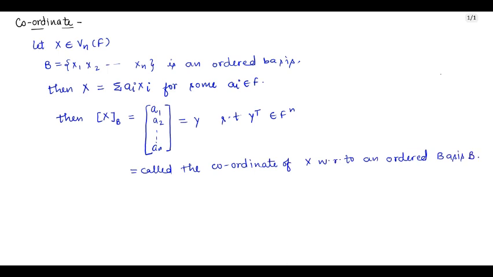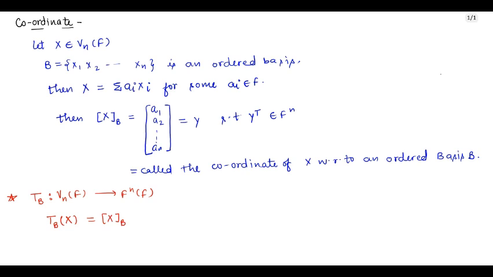Now for a transformation with respect to some fixed basis B for Vn over F to Fn over F, we define a map T_B of x to the coordinates of the vector with respect to basis B. Is this a transformation?